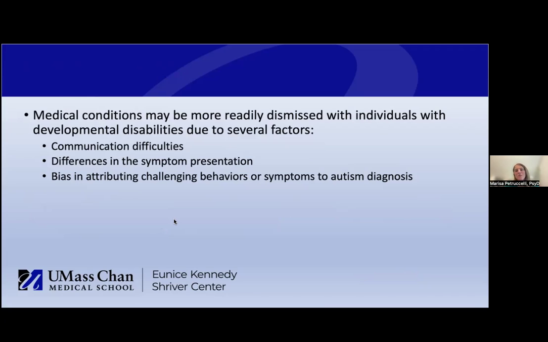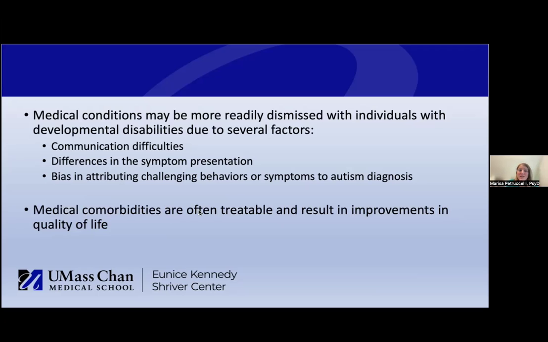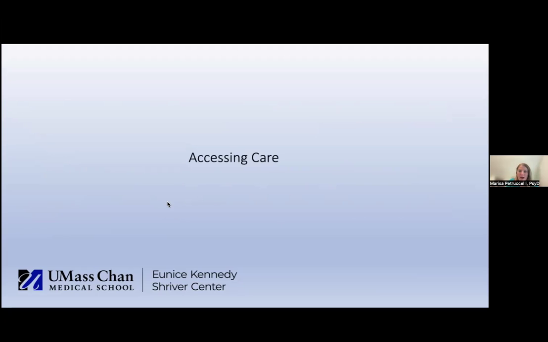And there might be this bias in attributing challenging behaviors or symptoms to that primary diagnosis of autism. So we need to be really thoughtful in consideration of any new presenting behaviors and do a thorough understanding of what might be happening, because often these can be treatable and really have significant improvements in quality of life. So just a word about that.